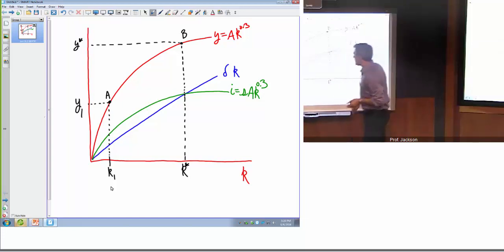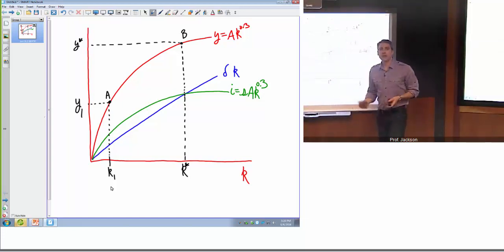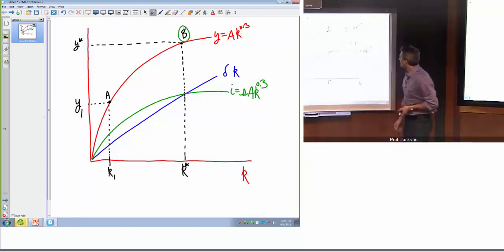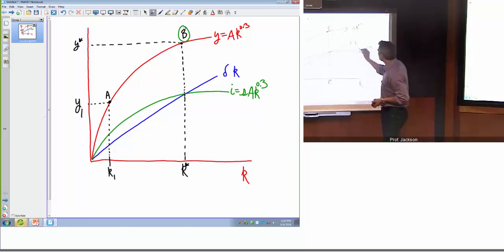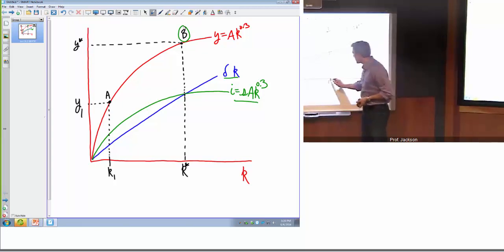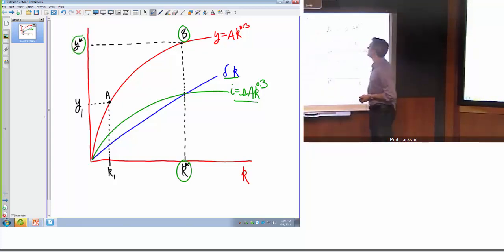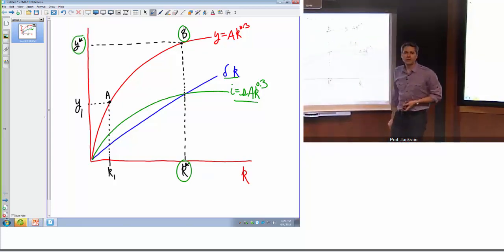Okay. So the basic idea of this convergence theory is you could have two countries, A and B. So you can see country B here, they're already at the steady state. Again, recall the steady state is where depreciation intersects with investment. So once we get to that steady state level of capital, we just sit there, and the level of output at that steady state level of capital is equal to Y star.